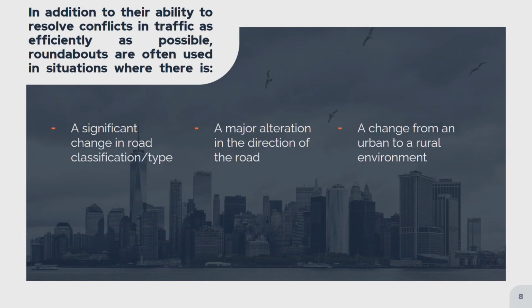In addition to their ability to resolve conflicts in traffic as efficiently as possible, roundabouts are often used in situations where there is a significant change in road classification or type, a major alteration in the direction of the road, and a change from an urban to a rural environment.